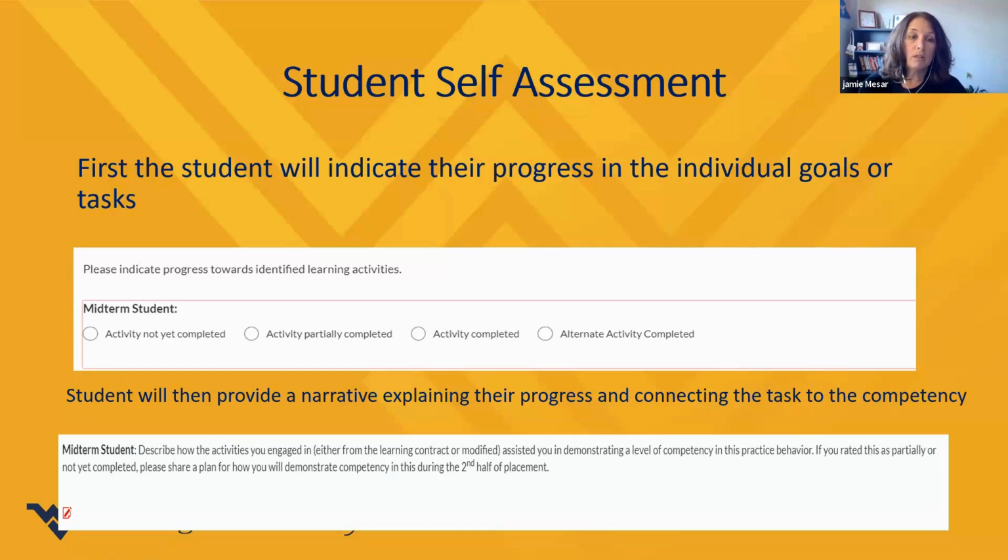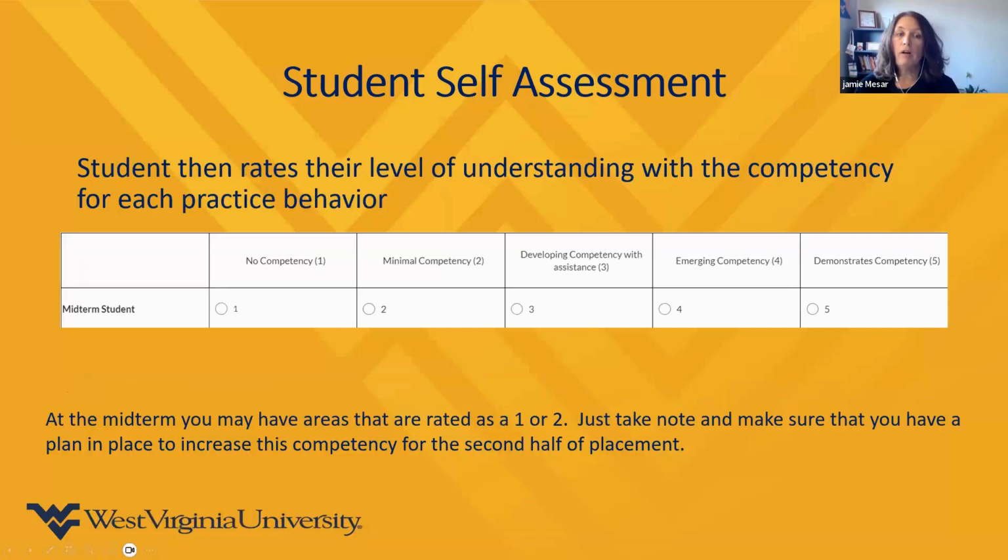Once the students give their determination on just their practice goals, we are then also asking them to rate their belief and understanding of where they fall on that same rating scale for their area of competency. And again, at the midterm, we may have areas that are rated as 1 or 2.